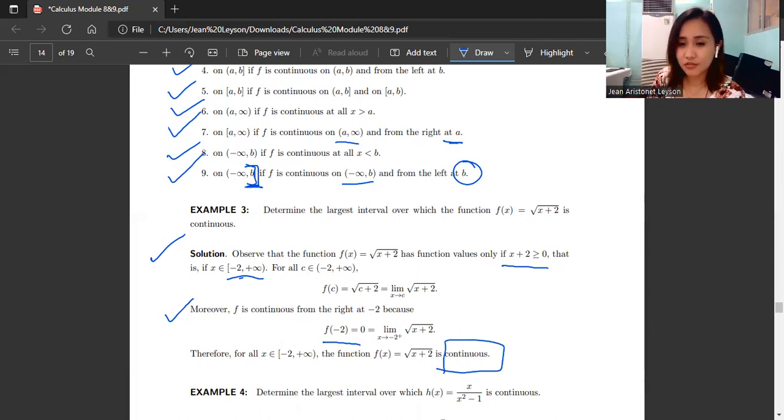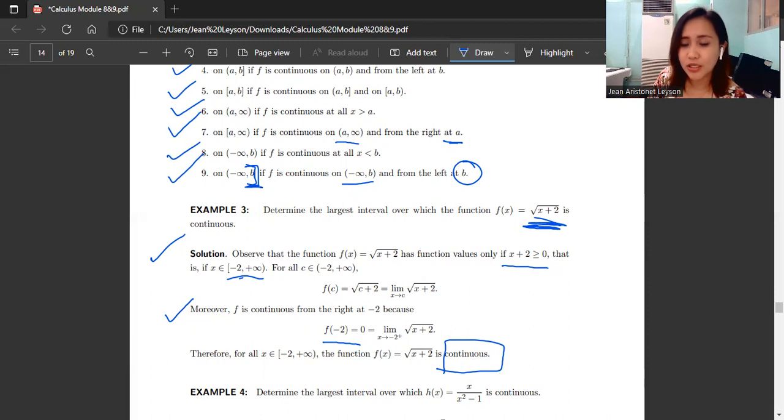So to put it simply, the largest interval should be the certain interval wherein our function will be defined or our function will result in real numbers. So it so happens that this is enclosed in a radical. So we need to make sure that the resulting value will be a real number and not an imaginary number.